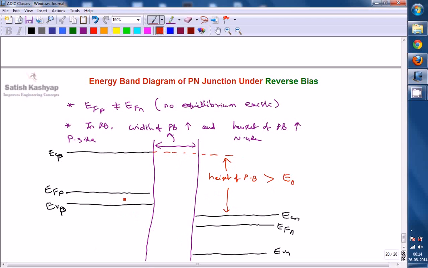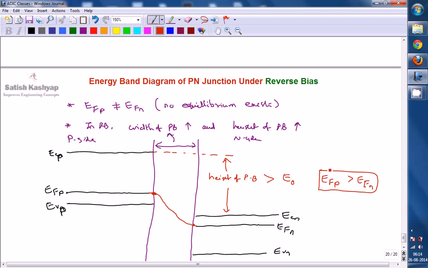Okay, now if you observe this one, this is EFP, whereas it is EFN. So the Fermi level on p side will be higher compared to the Fermi level on n side, EFP is going to be greater than EFN. So this is the condition for the energy band diagram of PN junction under reverse bias. Under reverse bias, the Fermi level on p side is going to be at a higher energy level than the Fermi level on n side.